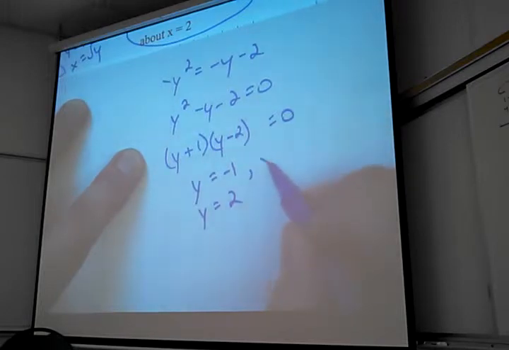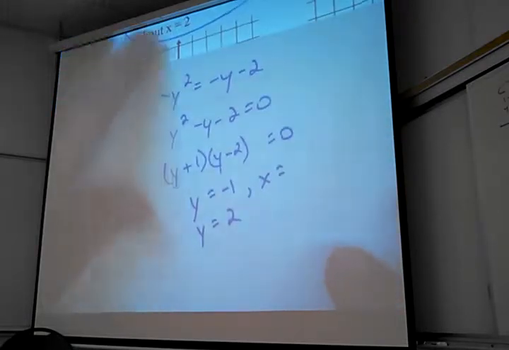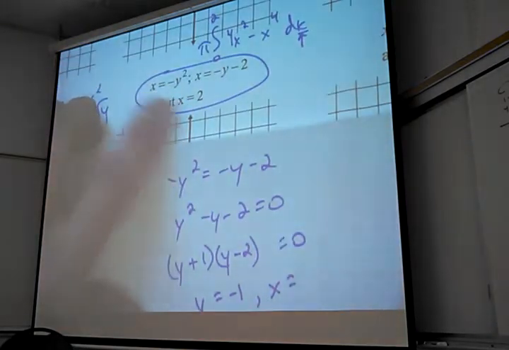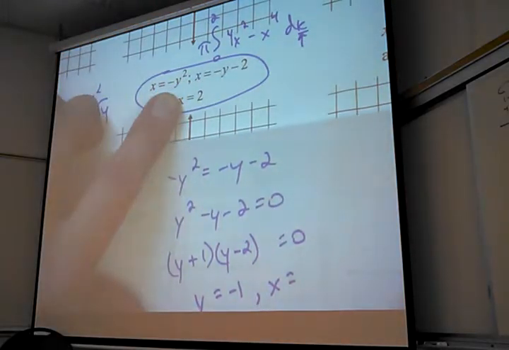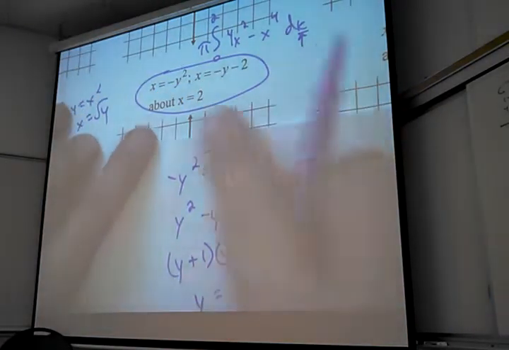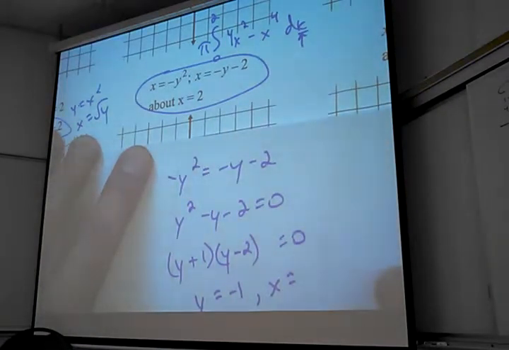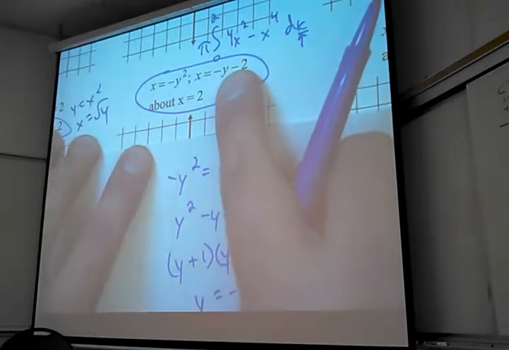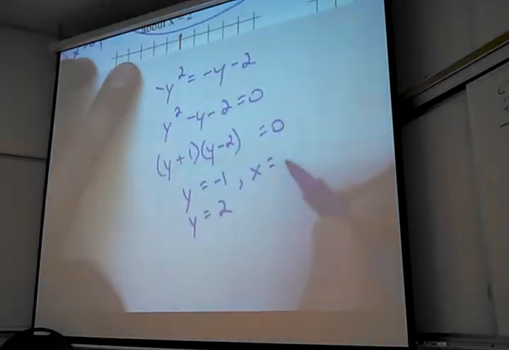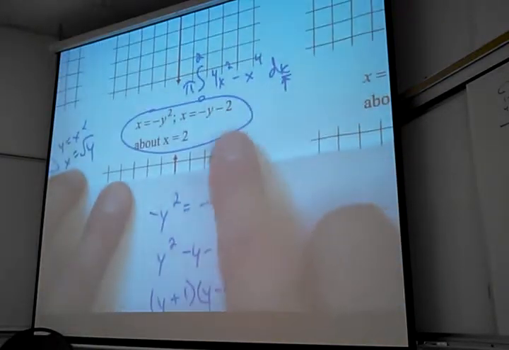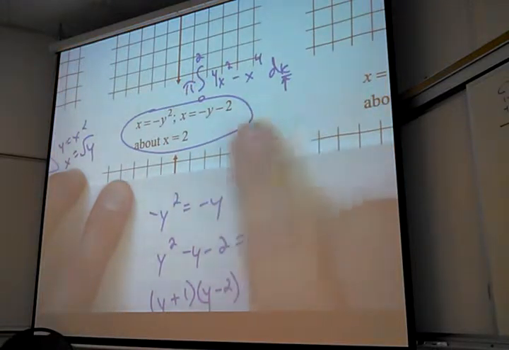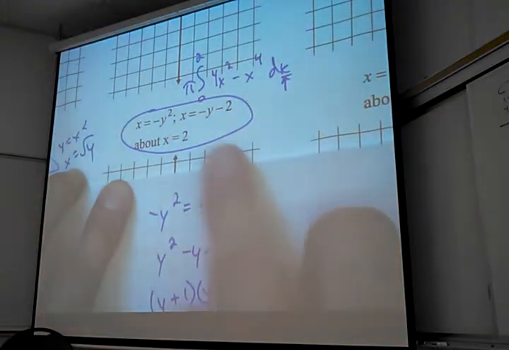When y is -1, x is what? Either one should be the same, right? So where they meet, when y is -1, x is -1. Sweet. When y is 2, x is... -4, yeah.